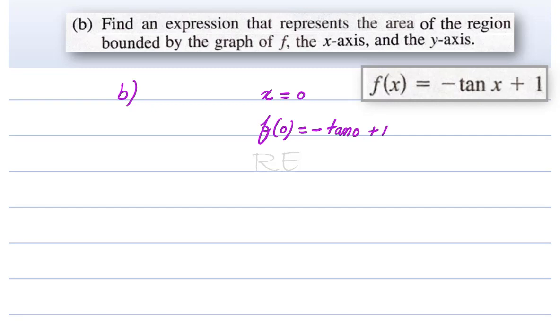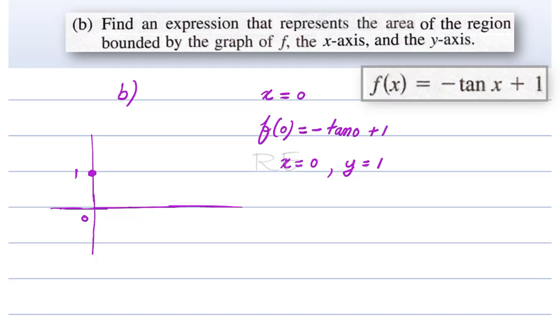And f of 0 is equal to negative tan 0 plus 1. So when x is equal to 0, y is equal to 1. Therefore, the point (0, 1) is the y-intercept.